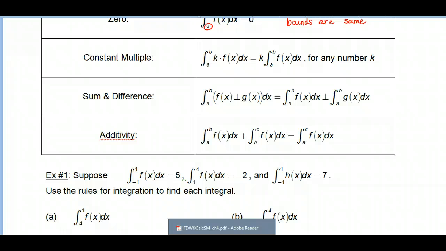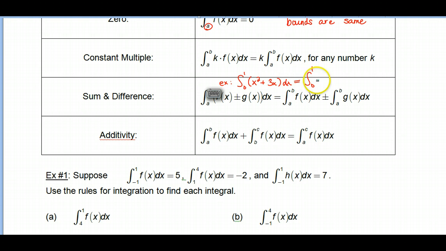For example, the integral from 0 to 1 of x squared plus 3x, you can just break it up into x squared and 3x.